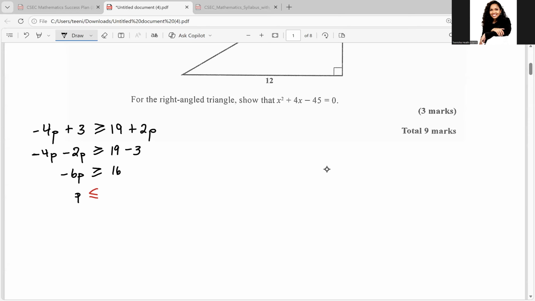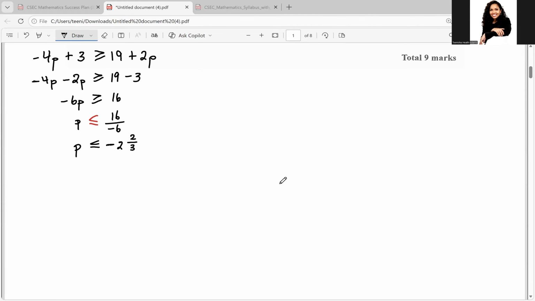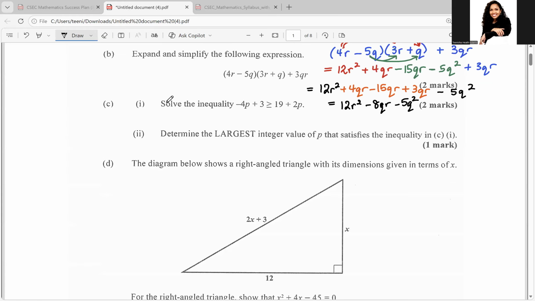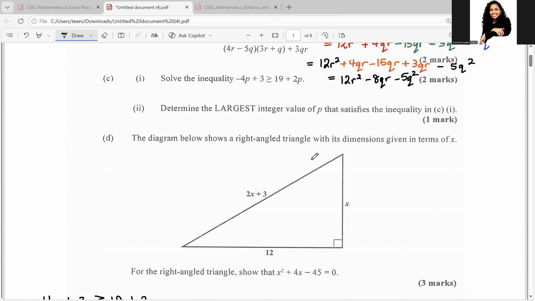So p is less than or equal to 16 over negative 6. So the answer will be p is less than or equal to negative 16 over 6, which is negative 2 and 2/3. So p is less than or equal to negative 2 and 2/3. All right, so that would be the answer for here. That's 2 marks in the bag.